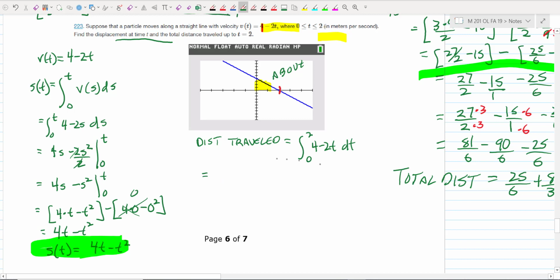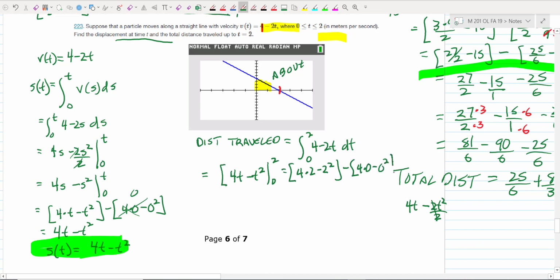So if we do that, we would have 4t minus 2t squared over 2. So you would get the 4t minus t squared anyway. So we already did that. So if we just take that antiderivative and evaluate from 0 to 2, then what we would have is 4 times 2 minus 2 to the second minus 4 times 0 minus 0 to the second.